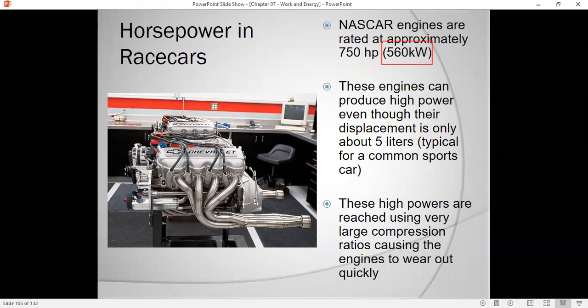Even though it's not much bigger than a typical pickup truck engine in terms of size, this thing has to be rebuilt after every race because of the very extreme compression ratios and high internal pressures that happen within this engine. Also, they use pure ethanol.